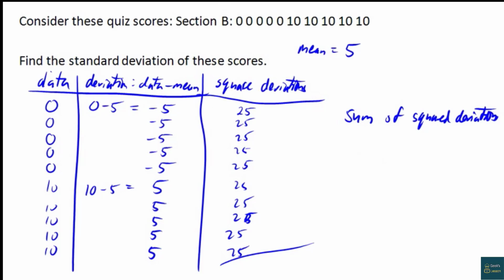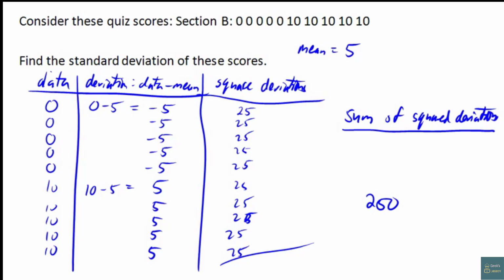And then I'm going to divide it by, not how many, okay. Well, what we divide by depends upon whether our data was coming from a sample, in other words, from a sampling of all of the data, or whether it was representing the whole population.